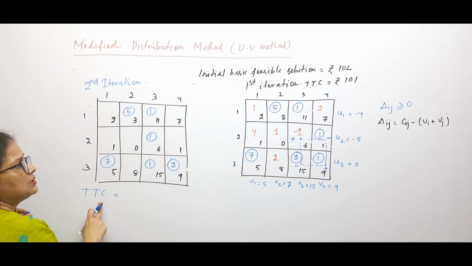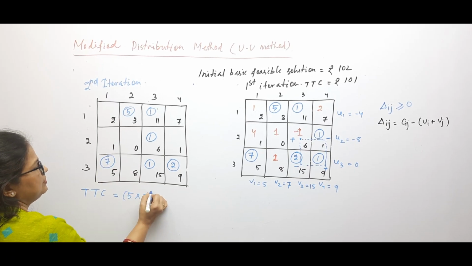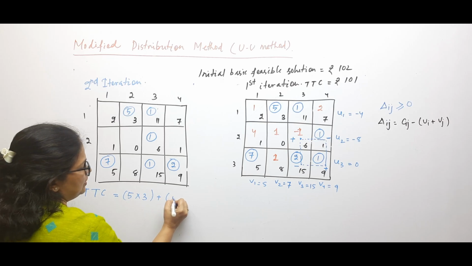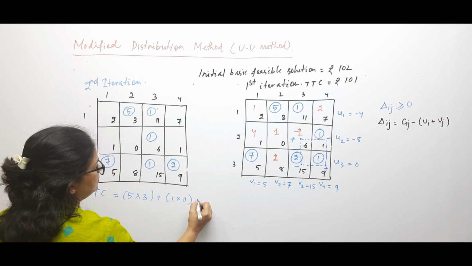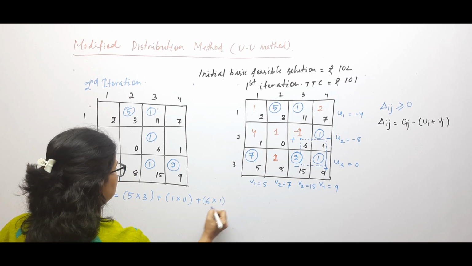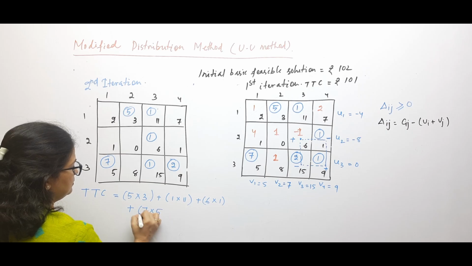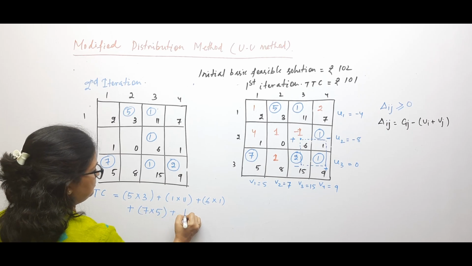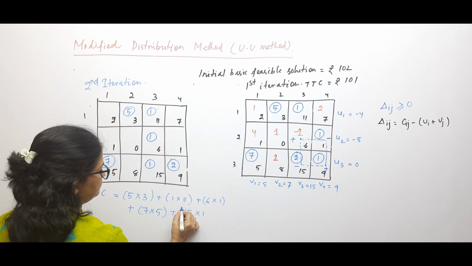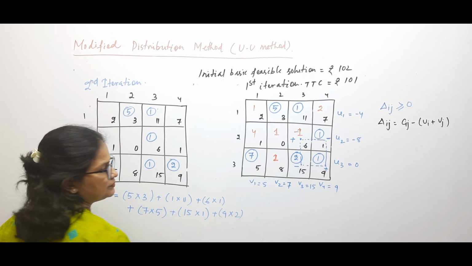Let's calculate the total cost. This is 5 into 3, 1 into 11 plus 6 into 1 plus 7 into 5 plus 15 into 1, 9 into 2.